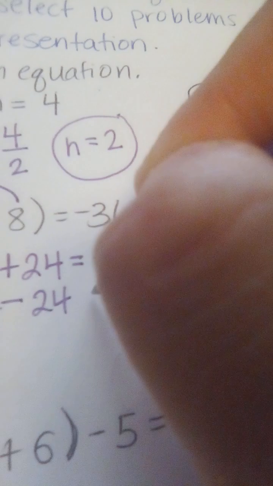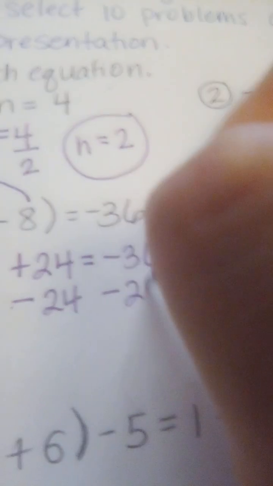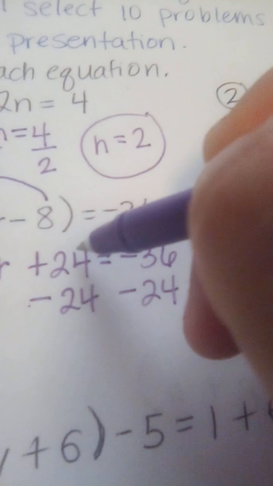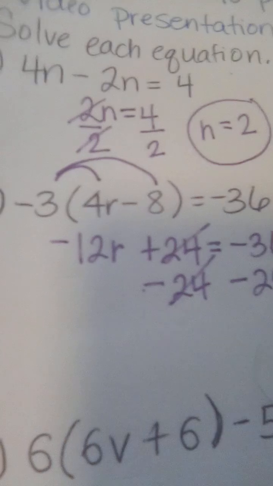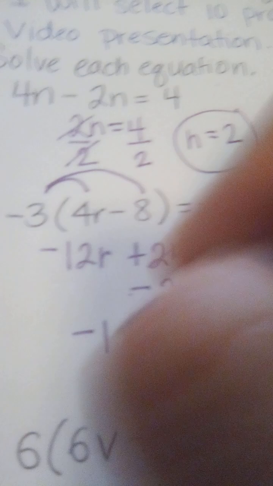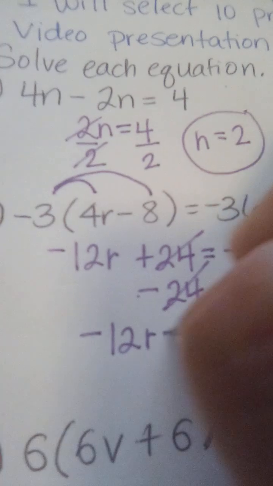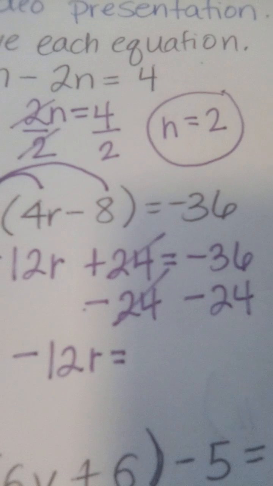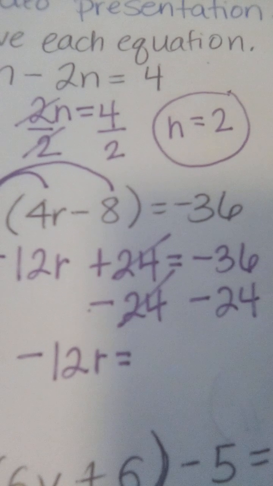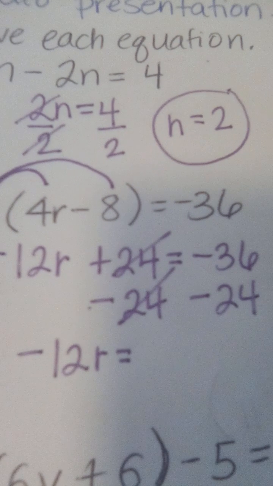Subtract 24 from both sides. The negative and positive 24 would cancel out entirely. Bring down the negative 12v. And then, what is negative 36 minus 24? Give you something to think about.